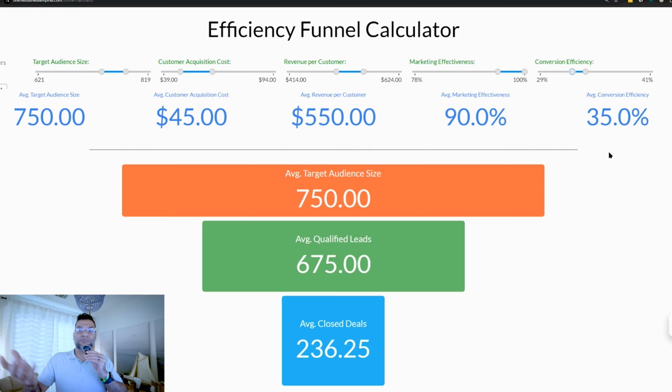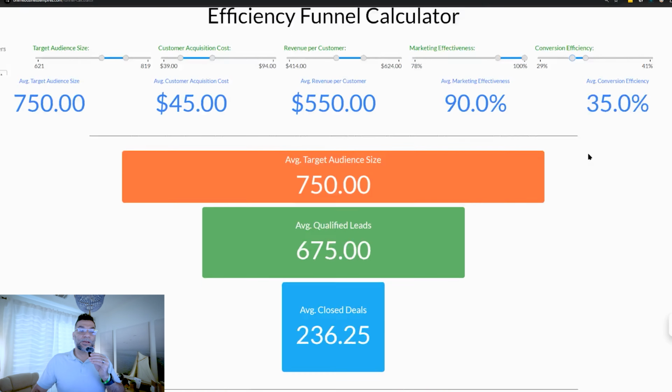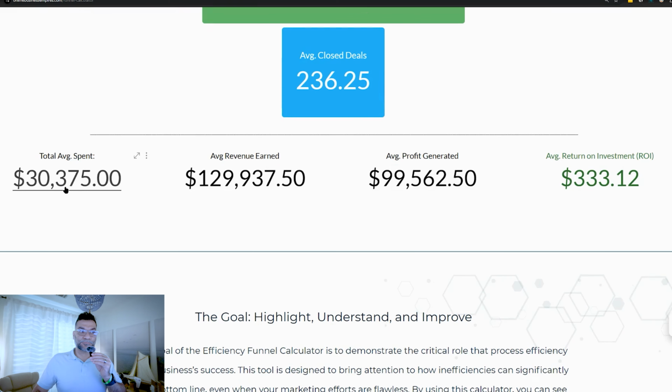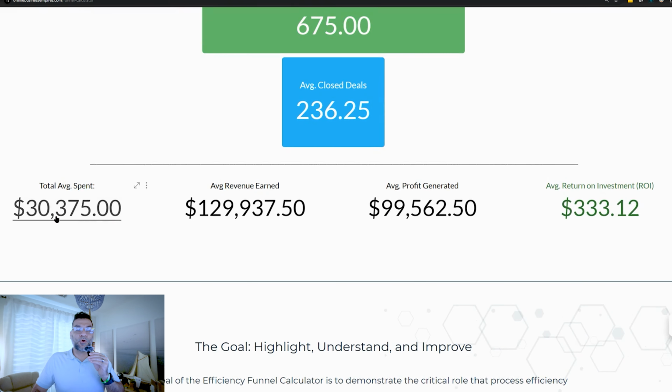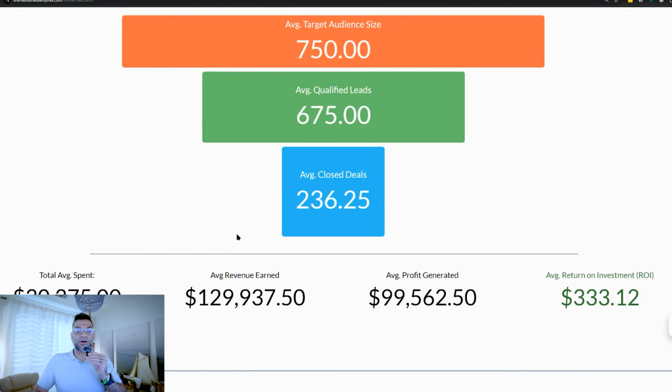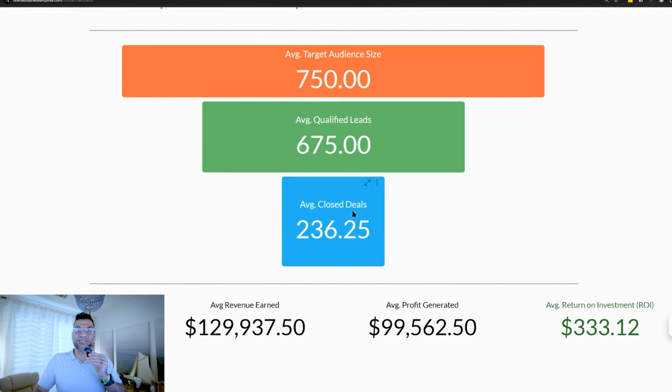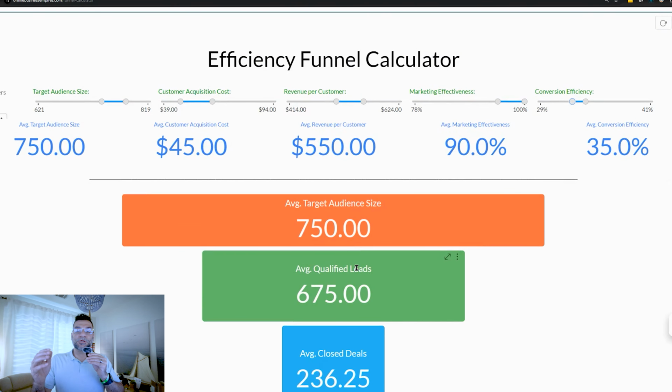That's where the effectiveness will come in for that organization, because the marketing budget stays the same. The total average spend stays the same, but the revenue increases because we're able to streamline and create more efficiencies within the system, and convert those leads a lot quicker and more efficiently, because we have an efficient system within the whole process.